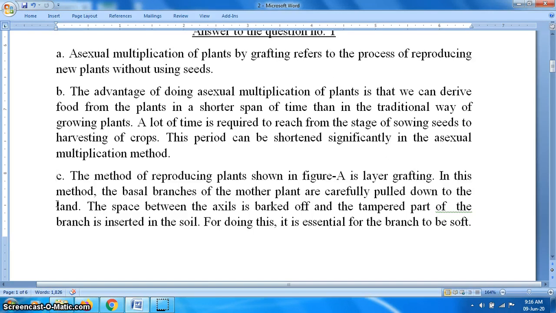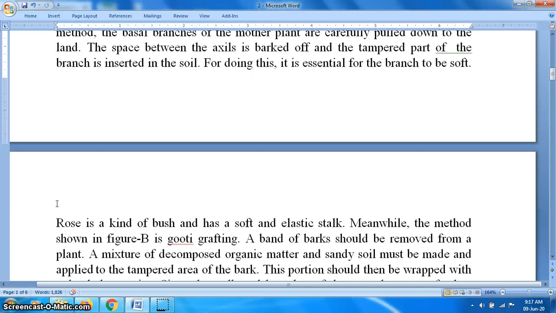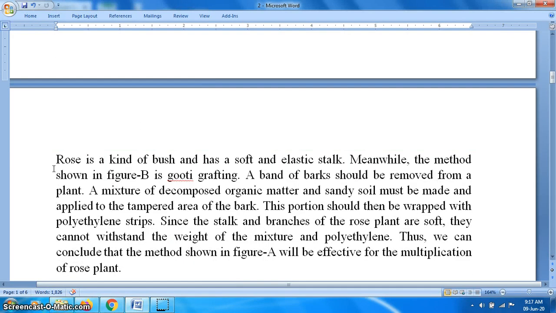The space between the axil is barked off and the tempered part of the branch is inserted in the soil. For doing this, it is essential for branches to be soft. Rose is a kind of bush and has a soft and elastic stalk.